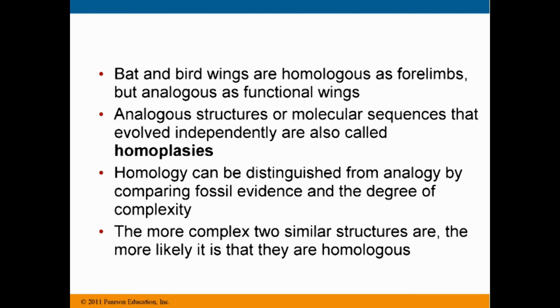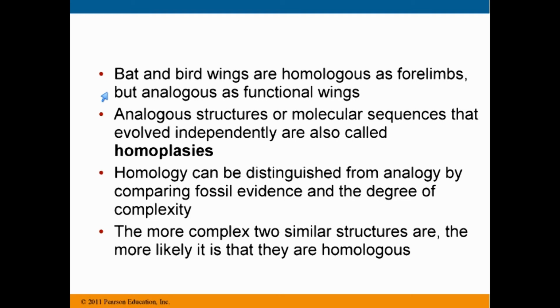Okay, so we've gone over that bat and bird wings are homologous as forelimbs, but analogous as functional wings. So the fact that you've got bat and bird wings, the wing part is different. So bats can still use their forelimbs.